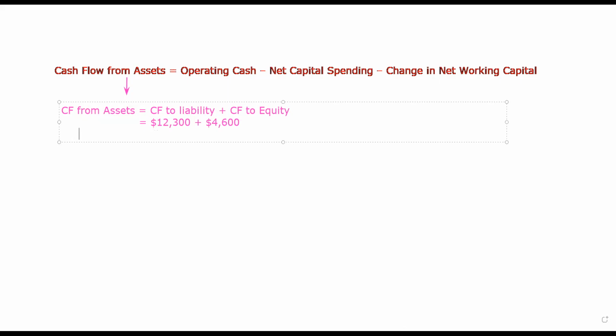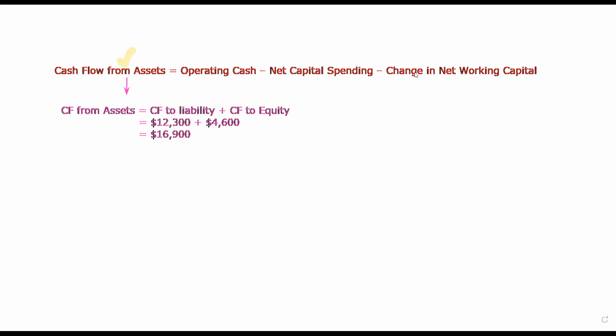So in the end, how much is my cash flow from assets? I add them together, it is 16,900. Okay, so the first one I have here already.